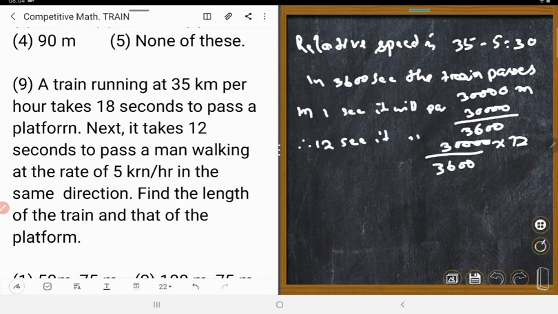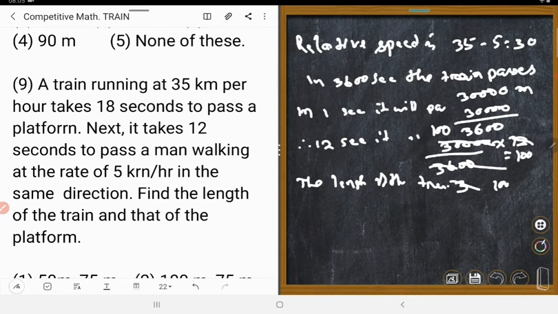The zeros cancel. 12 3 the 300 is equal to 100 meter. So the length of the train is 100 meter. Could you understand? 100 meter.